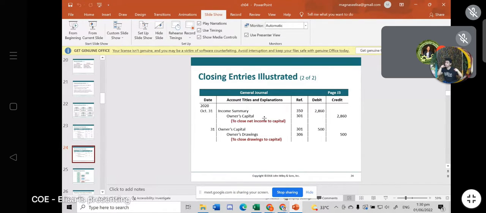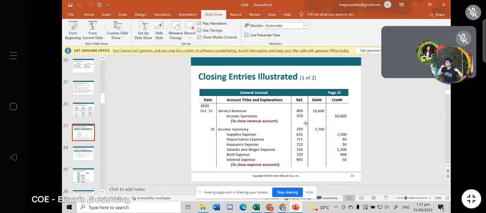So that's number 3, to close net income to capital or to close net loss to capital. And then in entry number 4, we debit owner's capital and then we credit owner's drawing. The owner's drawing normally has a debit entry, so we close it by debiting owner's capital and crediting owner's drawing.